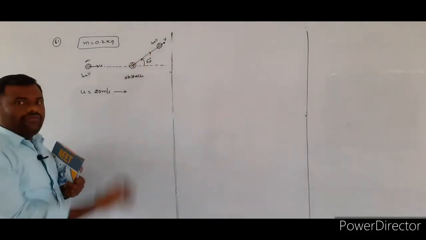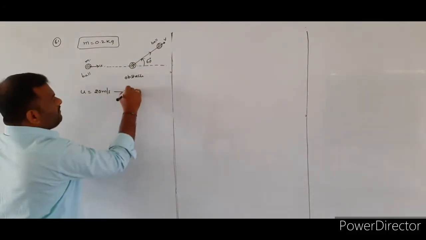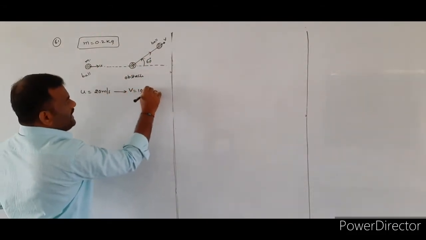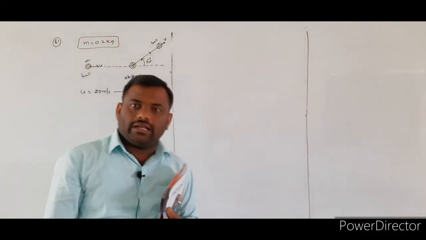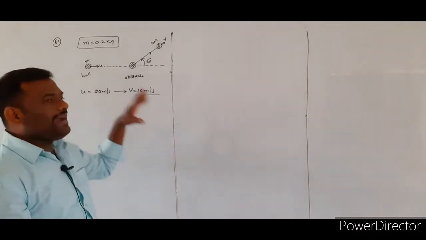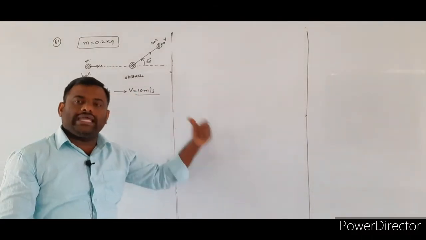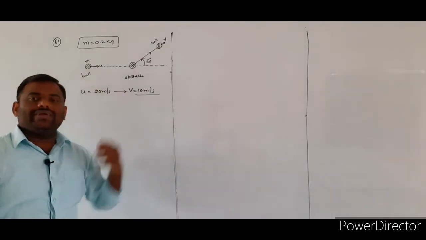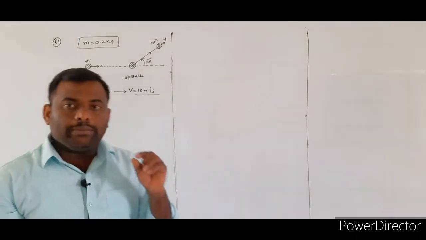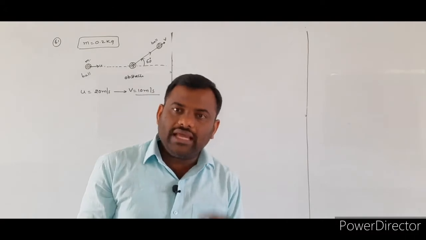Here I am assuming that the object is traveling along the horizontal direction. After striking, it moves with a final velocity v equal to 10 meter per second. Like that we have to imagine and draw the corresponding diagram. Knowing the initial and final velocity, they are asking the impulse received by the ball from the obstacle.